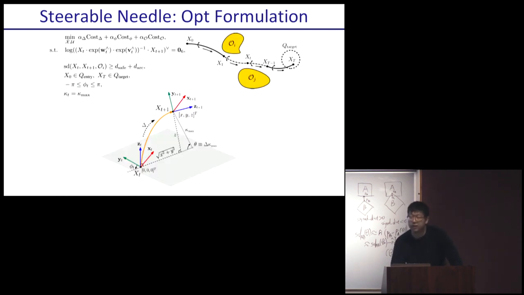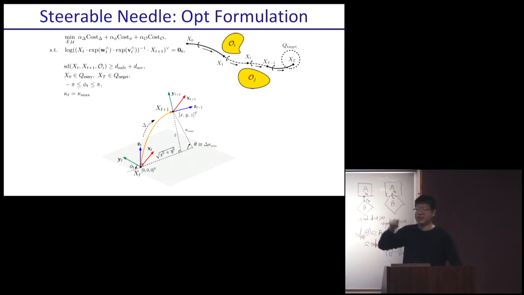Why does the first line equal 0? Oh, because there is an inner product. If you give exponential to both sides, you will have x_t exp w_t exp v_t times x_{t+1} is e to the 0, the 6-dimensional 0. That means x_t does the motion of rotation and the motion of translation, and taking an inverse times the future x_{t+1} should be 1, right?